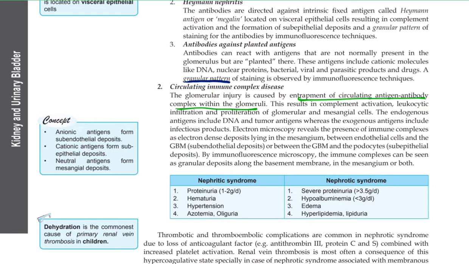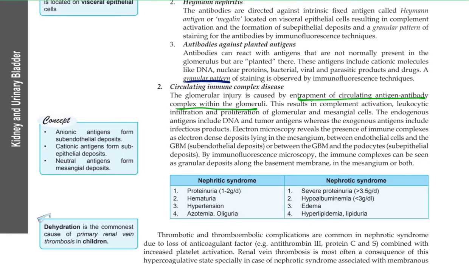The endogenous antigens include DNA and tumor antigens, whereas the exogenous antigens include infectious products. Electron microscopy reveals the presence of immune complexes as electron-dense deposits lying in the mesangium, between endothelial cells and the glomerular basement membrane (subendothelial deposits), or between the glomerular basement membrane and the podocytes.